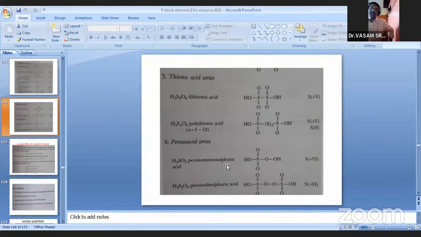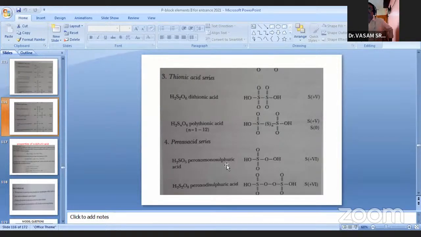And the last series, very important here, is called the peroxo acid group. Peroxo means an O-O bond. If the acid contains an O-O bond, that is called the peroxo acid series. In this series, we have two acids. One is H2SO5 and the second one is H2S2O8.